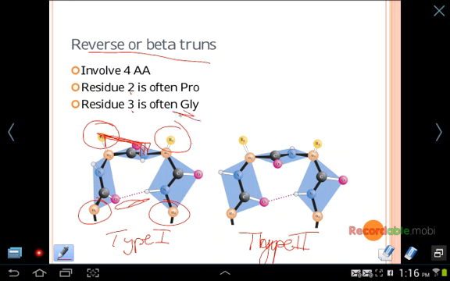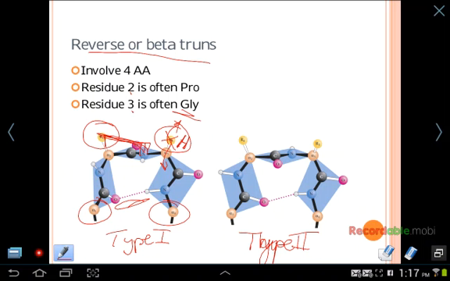And the reason we usually have glycine at residue 3 is because, again, that hydrogen allows the tight turn because it's not a very bulky substituent, so it can allow for this tight turn regardless of where that psi angle, that torsion angle, is oriented. So it just gives it a greater degree of flexibility in order to create this 4 amino acid turn.